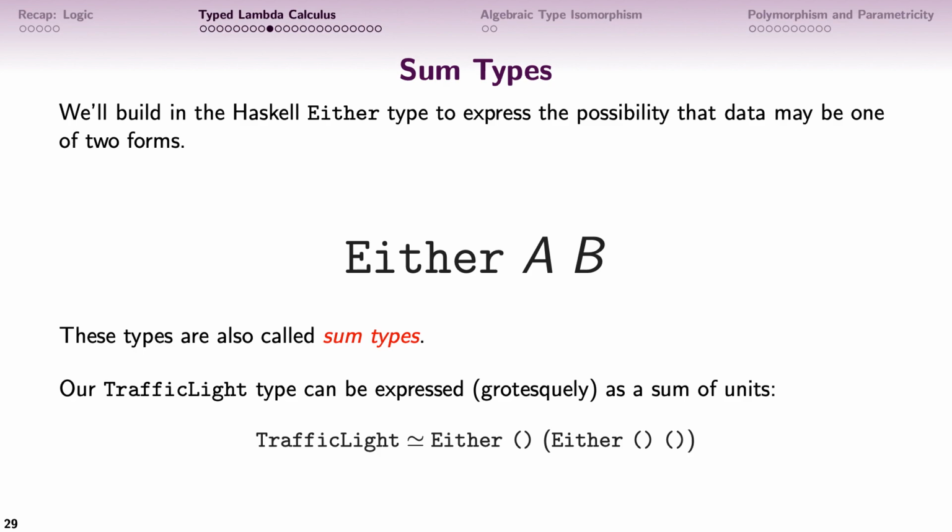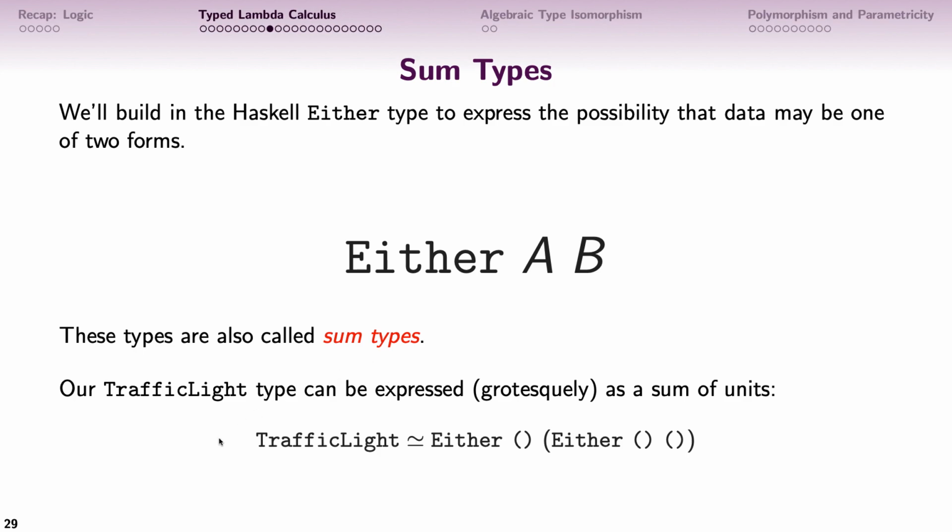It's the only such type that we'll add in. So we have tuples now, we have unit, and we have functions, and we now have also Either A B, right? These sum types, they're called.